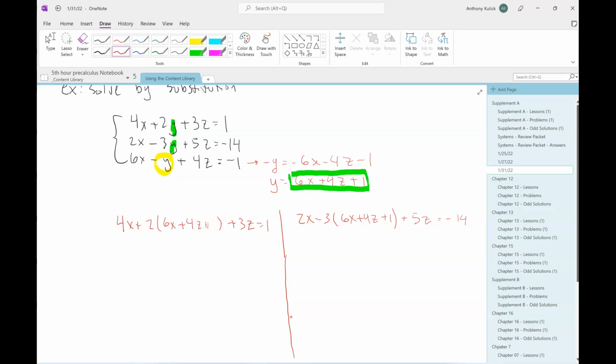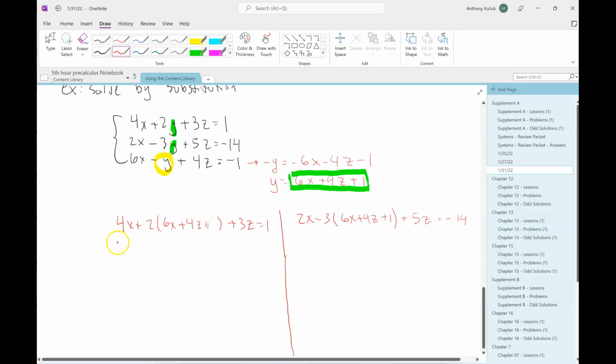Okay, I'm just going to go ahead and simplify things in these two equations now. So I'll distribute my 2 through. Oops. Guess I should write that a little neater.